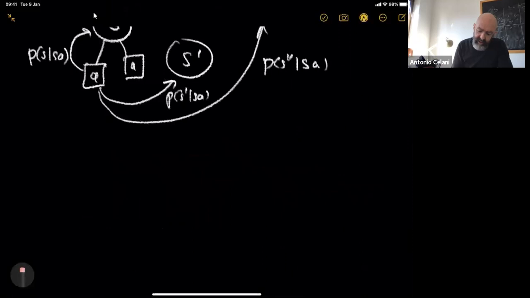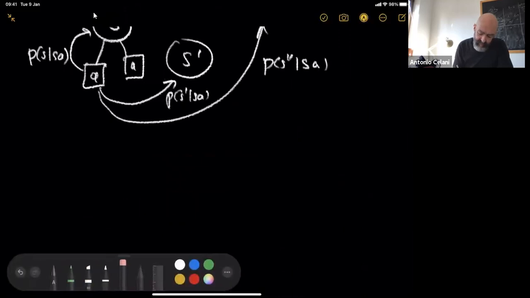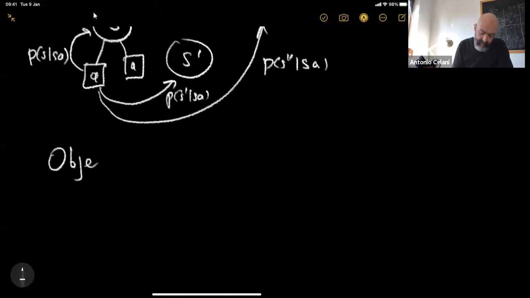So suppose, let me state it. The objective is to find the argmax.